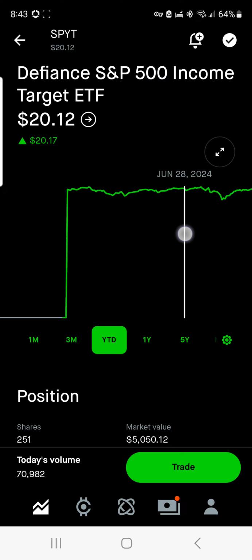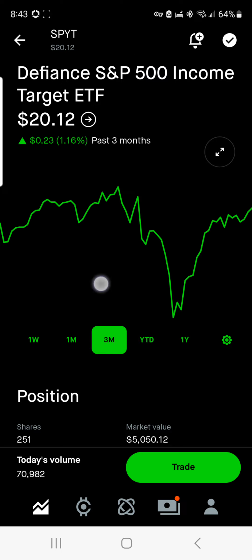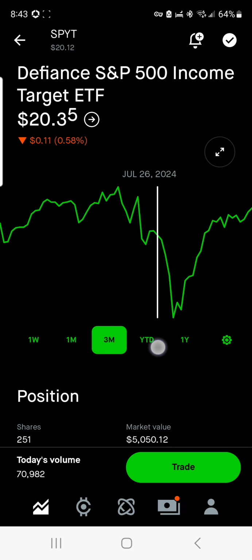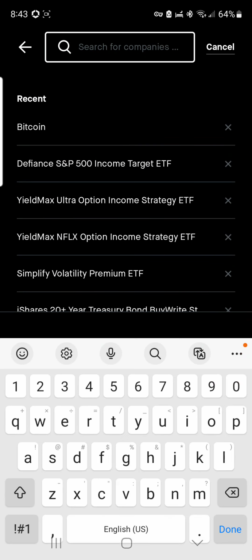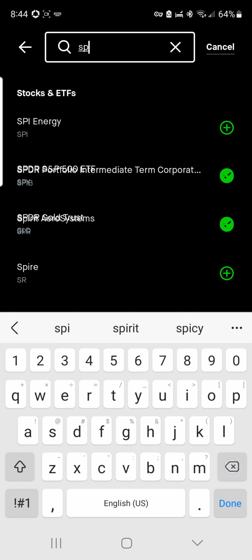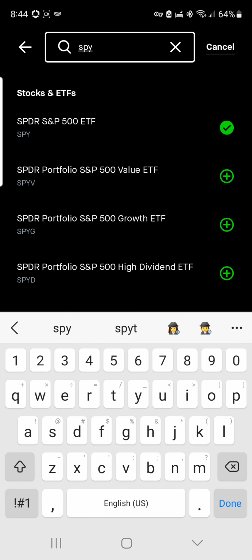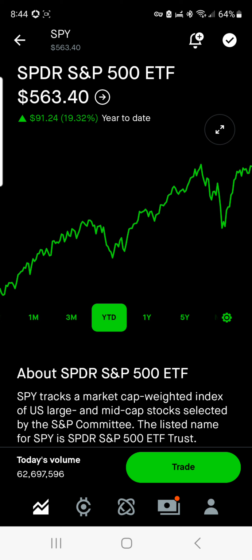So actually, I was thinking about it the other day. I was trying to see, if you go back three months, what percent it dipped. It looks like it dipped 7%. And if you compare that to SPY, which is its underlying, or actually I think they use IVV, but nonetheless some SPY derivative based fund, they're all correlated.